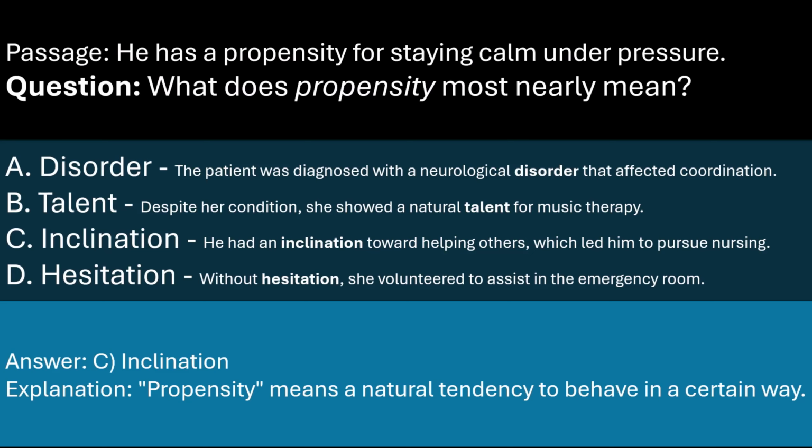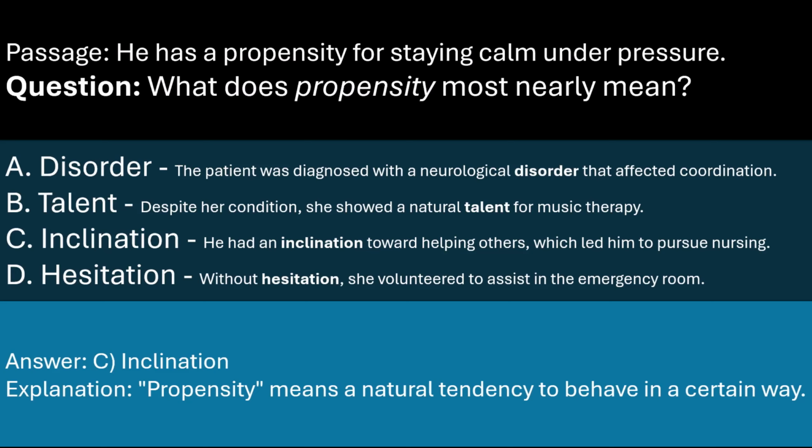Disorder: the patient was diagnosed with a neurological disorder that affected coordination. Talent: despite her condition, she showed a natural talent for music therapy. Inclination: he had an inclination towards helping others, which led him to pursue nursing.